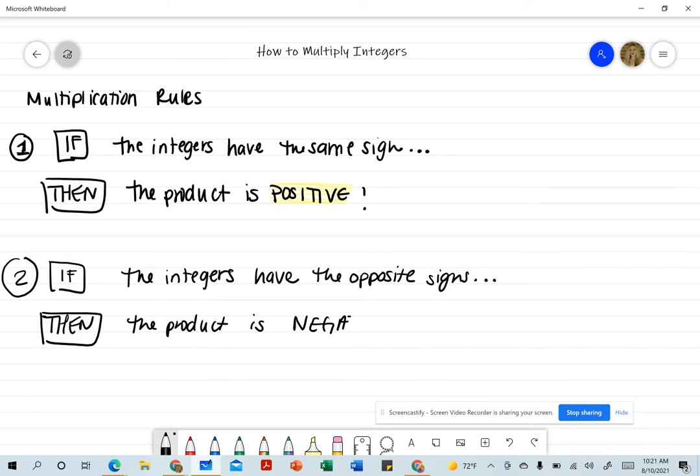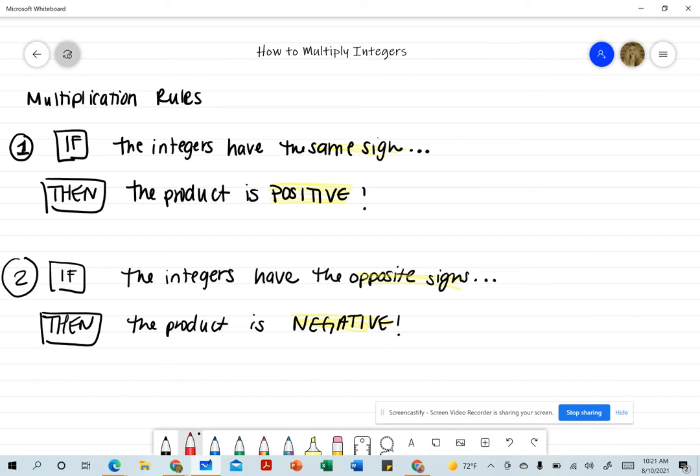Sorry, a little too sloppy. Opposite signs negative, same sign positive. So again, in addition, it was whichever had the bigger absolute value that was the sign of your sum. That is not the case here. If they are opposite, so if one's negative and one's positive, the product is negative.